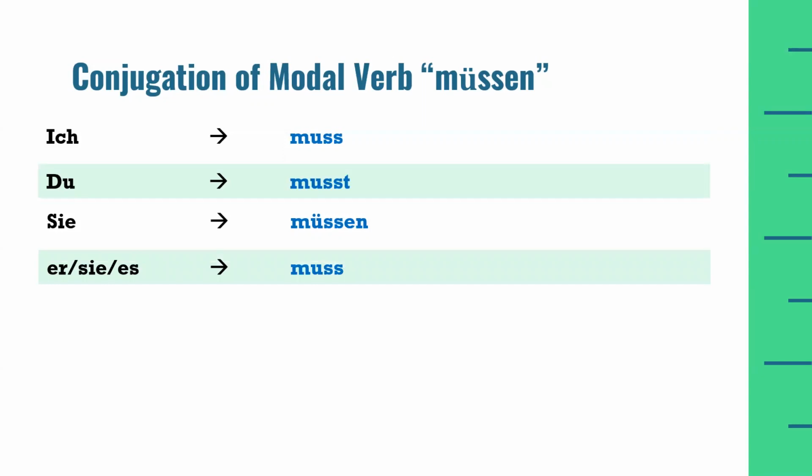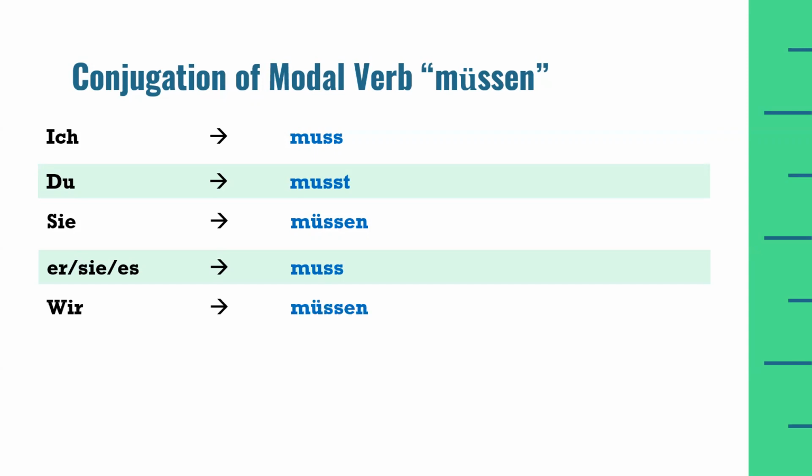If the subject of the sentence is er, sie, es, which means he, she, or it, then the modal verb müssen will be conjugated to muss. So you can see that the modal verb müssen has the same conjugation for the subject ich and er, sie, es.